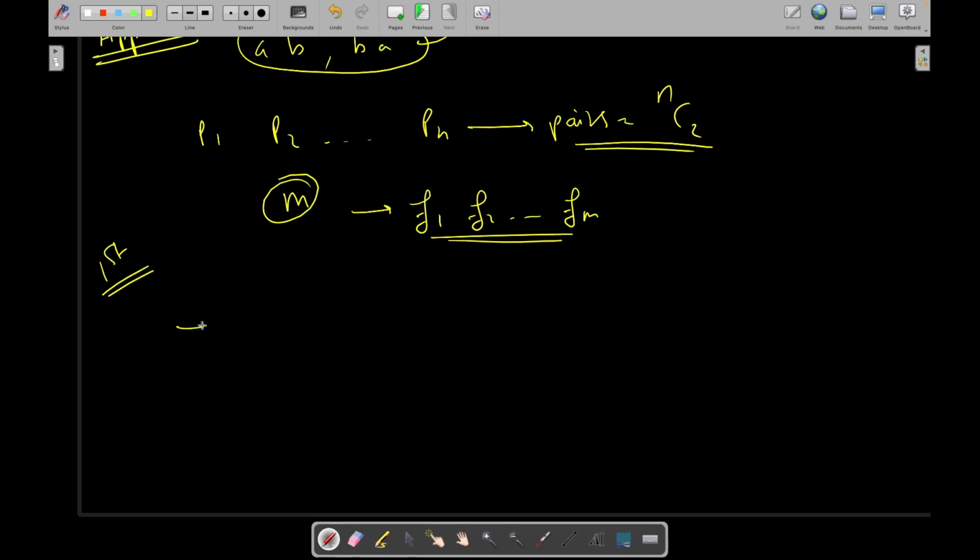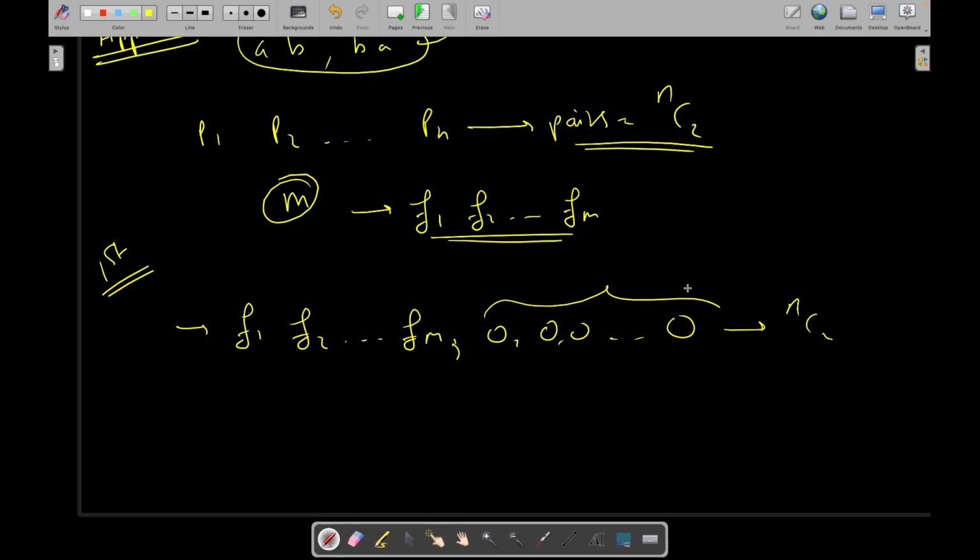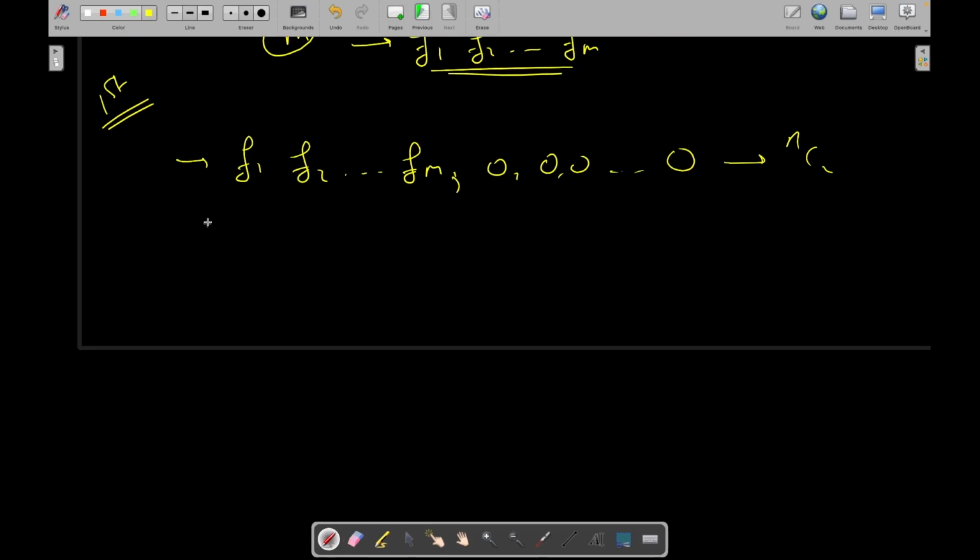So the actual pairs are f1, f2 till fm, and the rest are 0, 0, 0 till 0, such that the overall length of this is NC2, right? All of these have equal probability. So for the first excursion, my answer will simply be summation fi divided by NC2.